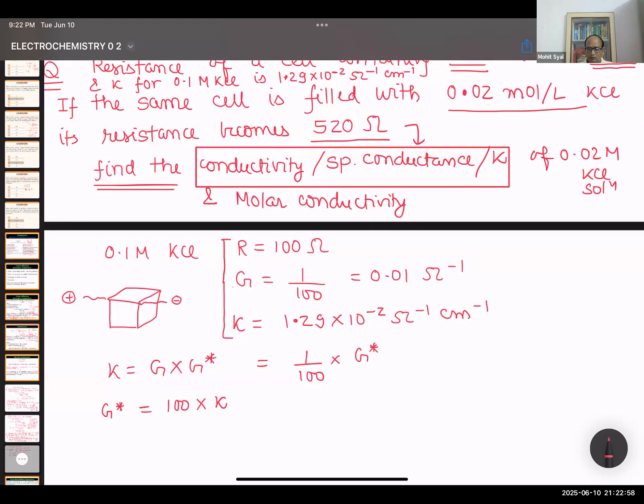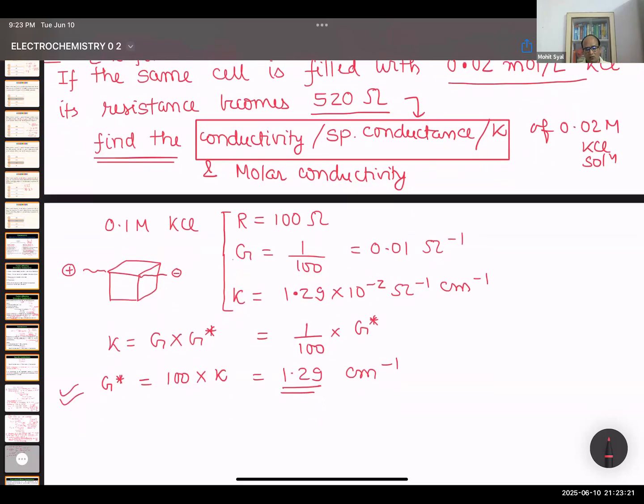Kappa is 1.29 into 10 to the power minus 2. Is this clear? Yes, sir.